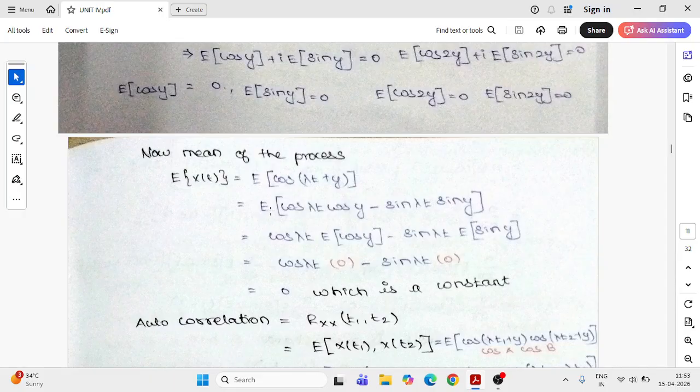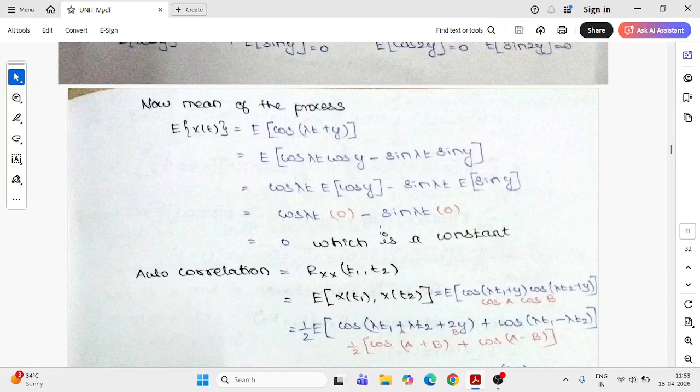Now if you take the expectation, the variable is Y here, so we get cos λt E[cos Y] minus sin λt E[sin Y]. We already know that the expectation of cos Y is 0 and the expectation of sin Y is 0. When you replace this, all the terms vanish and you get the value 0, which is a constant. So the mean value of the given X(t) is constant.